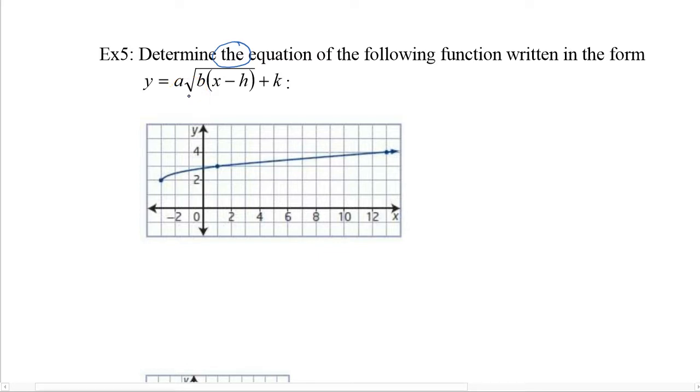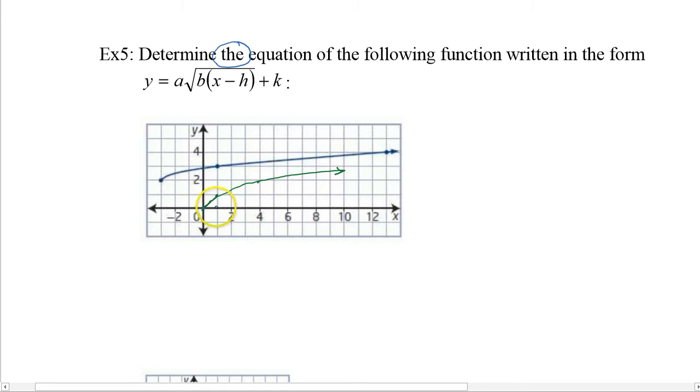So the regular graph here would look like, if you recall, a 0, 0 point and then the 1, 1 point. So the regular graph would start off and look like this, and then at the 4 and the 2. So if you compare what happened with our parent graph and what happened with this graph, we can figure it out.